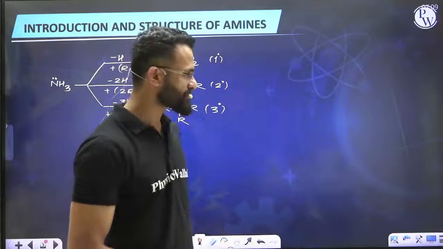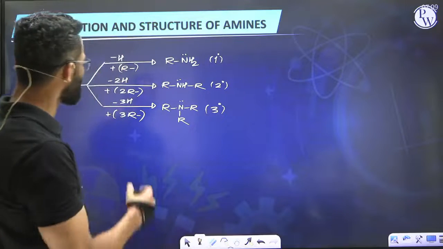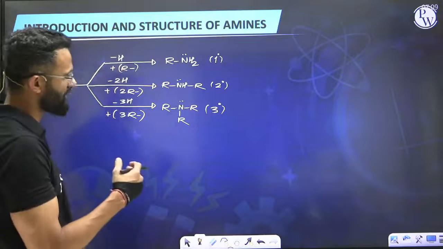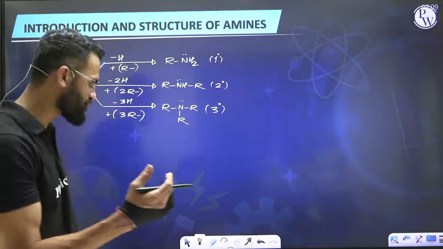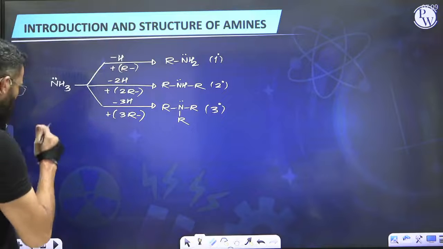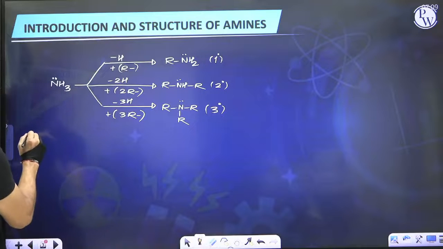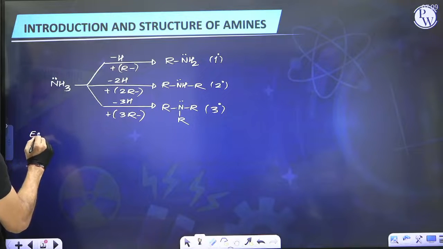Alright guys, now when you talk about such amines, there is sometimes a point of confusion. For example, let's compare some examples of amine with alcohol.